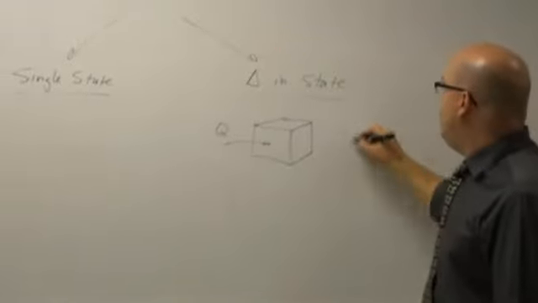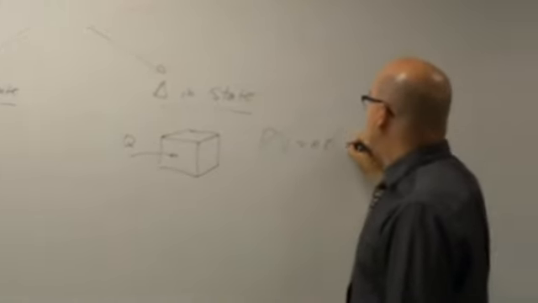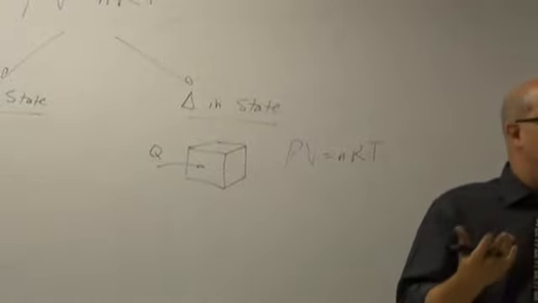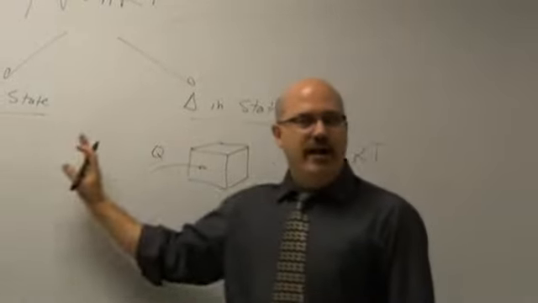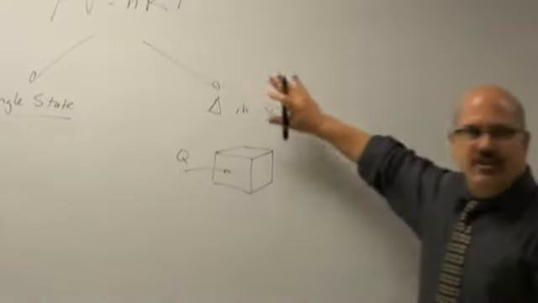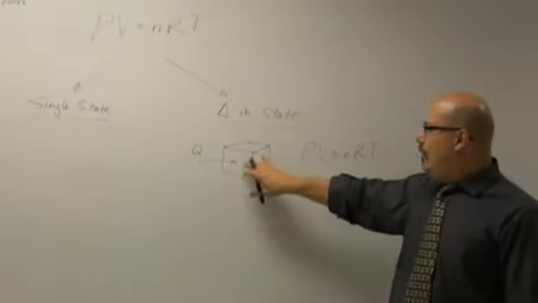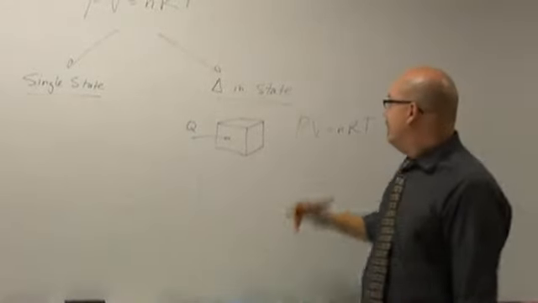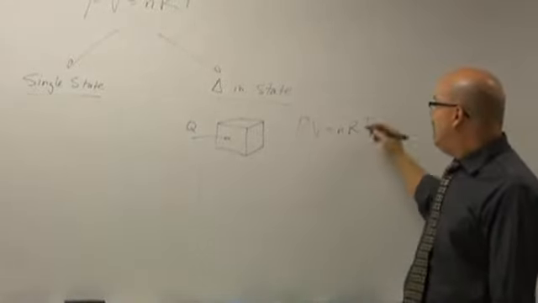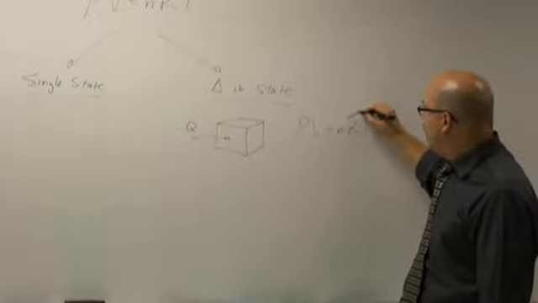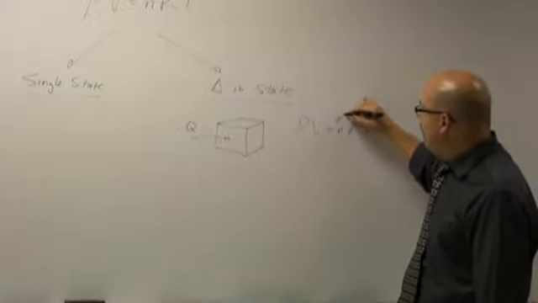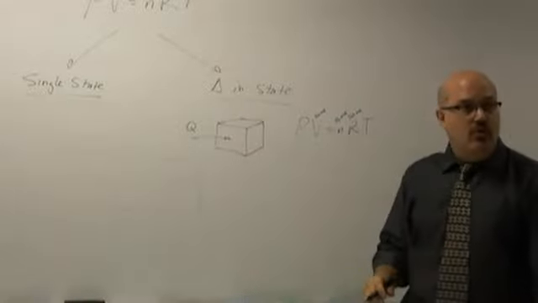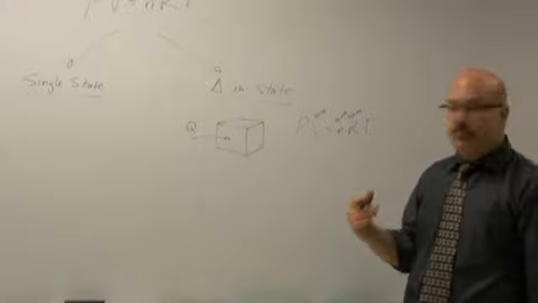The important thing in a problem like this, PV equals nRT, it's important for us to realize what things stay constant and what things are changing. Okay? First you have to identify, do I have a single condition or am I changing conditions? In the problem where we have our room and we're adding heat, we have a change in conditions, right? All right, so what's changing? Well, this is staying the same. This is staying the same. Volume's staying the same. And so what you do then is you rearrange your equation.